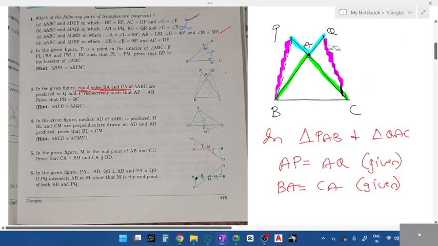So how many sides and how many angles we have found? Two sides and one angle. And where is that angle? Isn't it in between? So you can write angle PAB is equal to which angle? QAC. What is the reason you have to write? Vertically opposite angles.